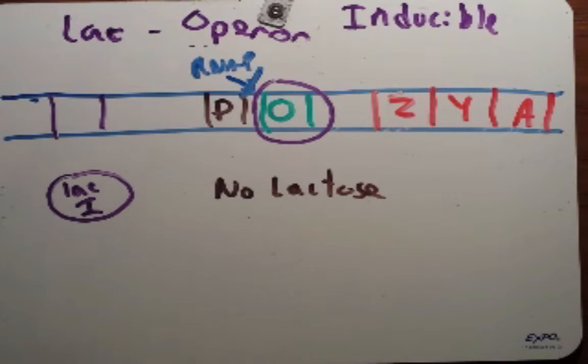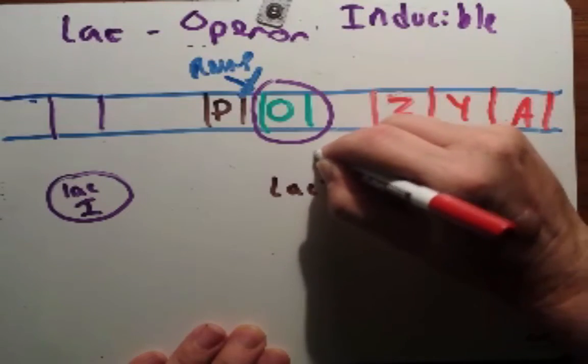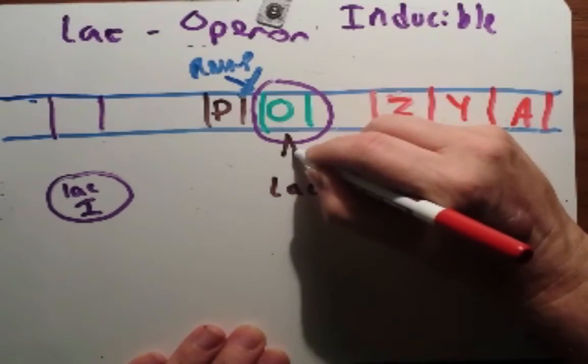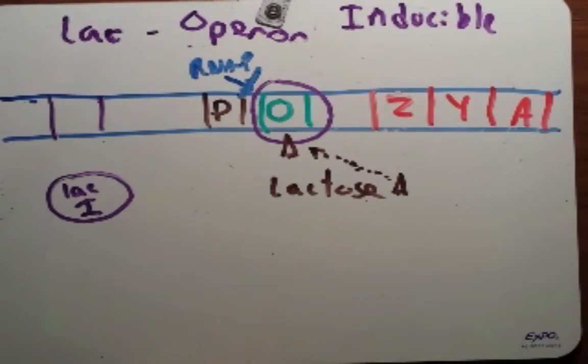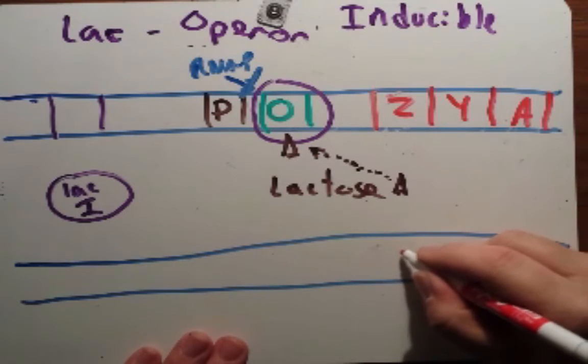Now, what happens when lactose enters the cell? So now we have lactose present. Well, what lactose does, it serves as an inducer. It will bind to this repressor, and when it binds to the repressor, let's redraw the gene down here to show you what it looks like once lactose enters the cell.